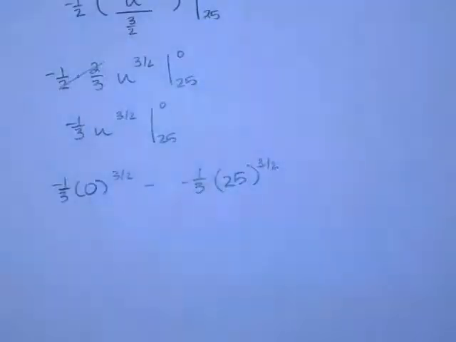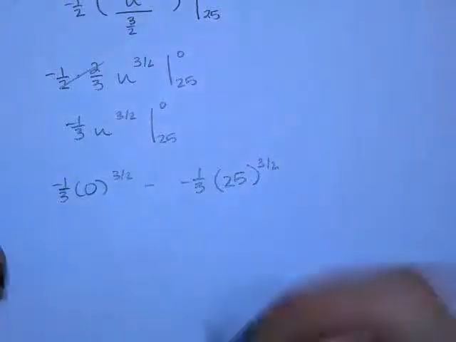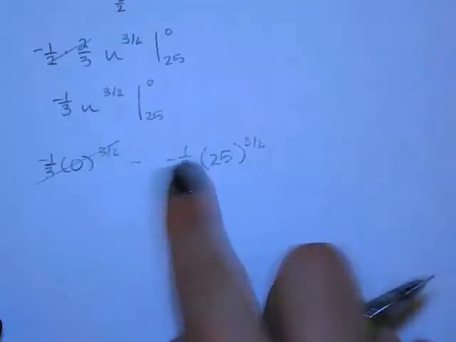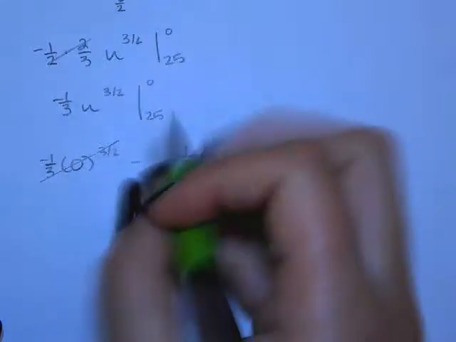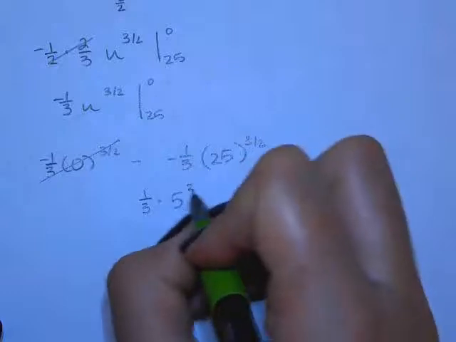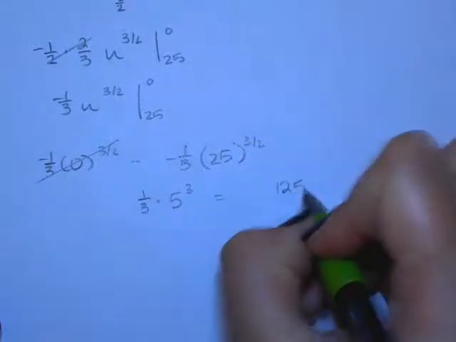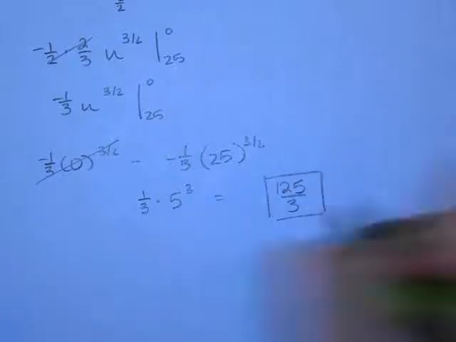And you can leave it there. Since this is a practice problem, I'm going to go ahead and keep going. Those are all gone. Minus minus makes a plus. The square root of 25 is 5, so times 5 to the 3rd. 5 to the 3rd is 125, so 125 thirds is the answer there.